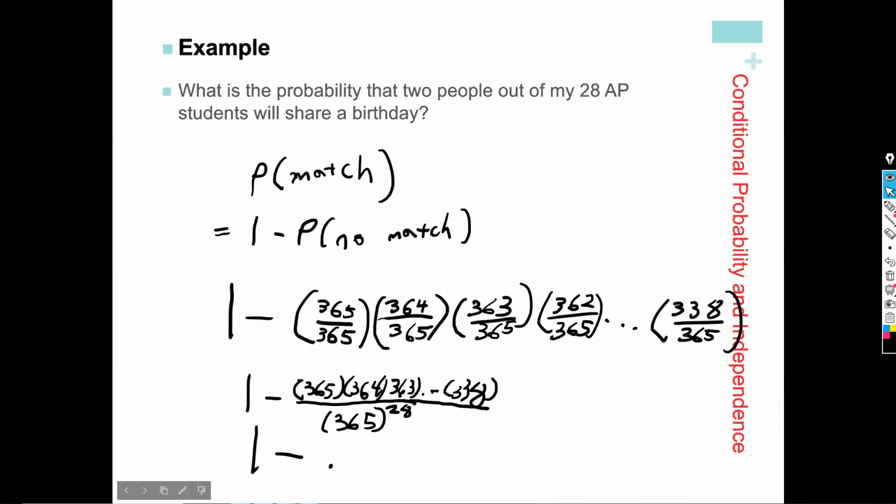Our big fraction here turned out to be 0.346. And so 1 minus 0.346 is going to be 0.654.